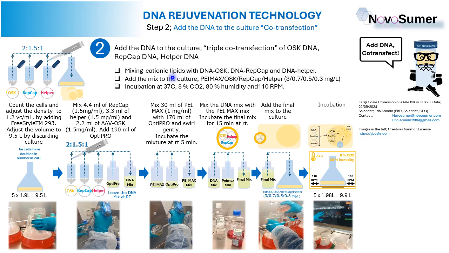So the positive detergent will interact with the negative DNA. It forms kind of small capsules that engulf the DNA, and these small capsules are able to be absorbed by the cells.